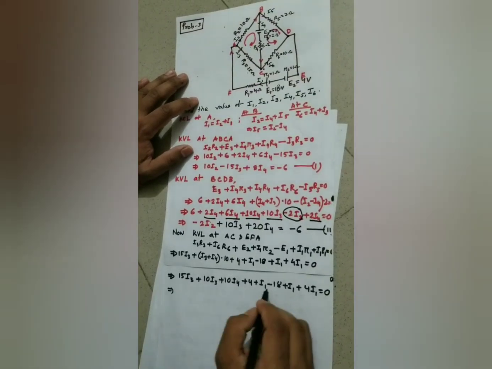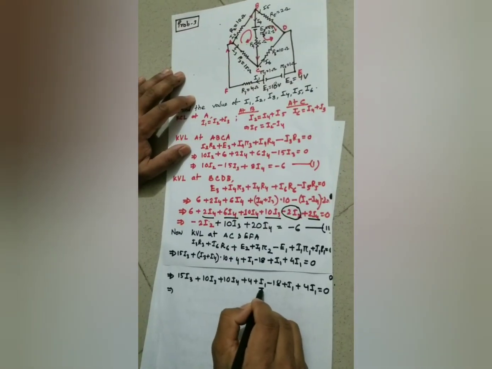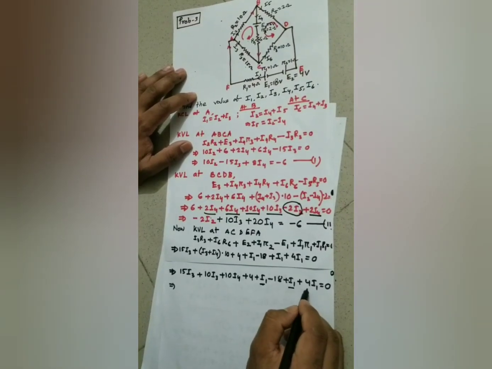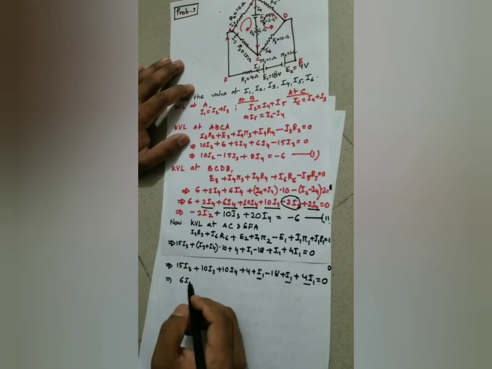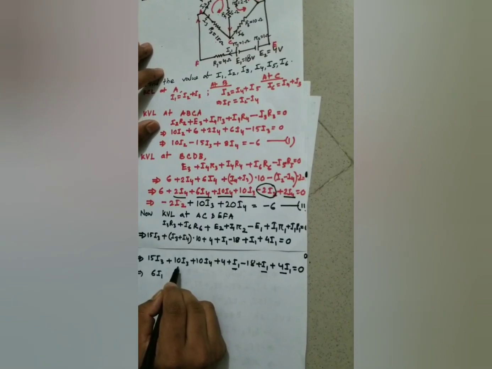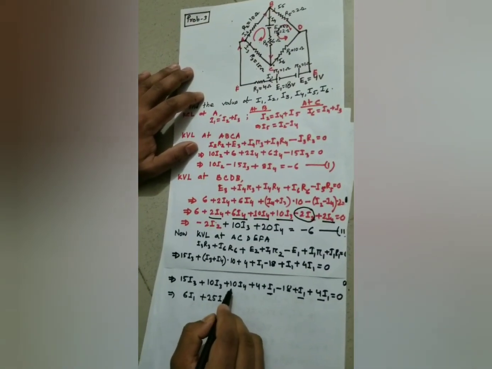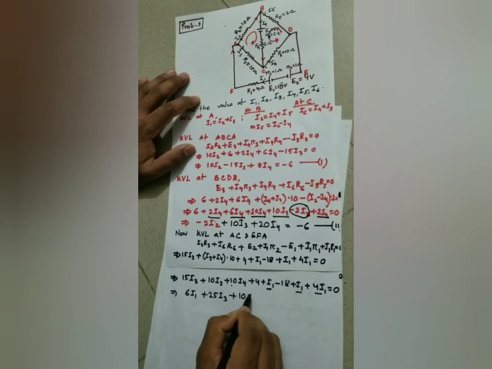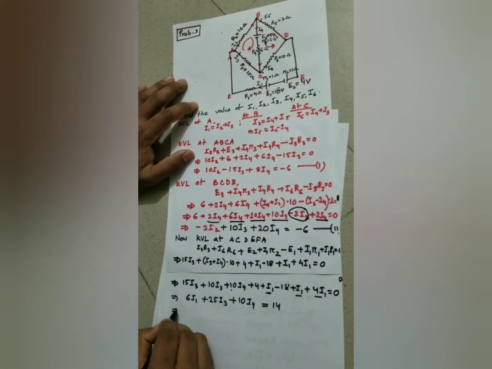After simplification, we can write 6 I1, plus 15 I3 and 10 I3, 25 I3, plus 10 I4 equals 14.